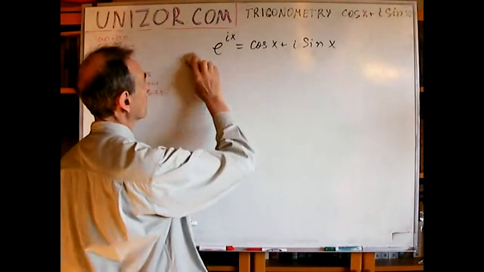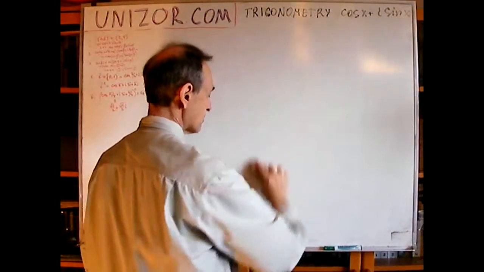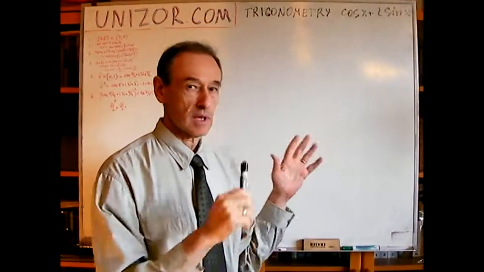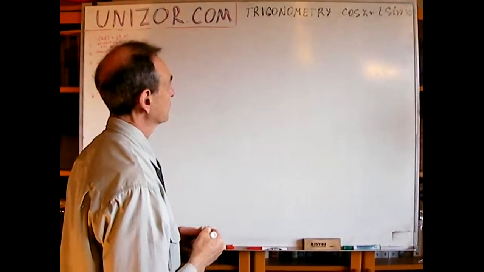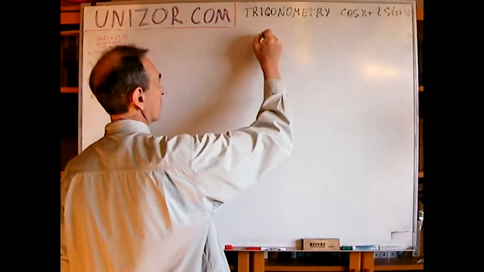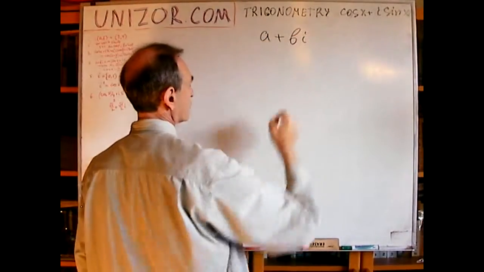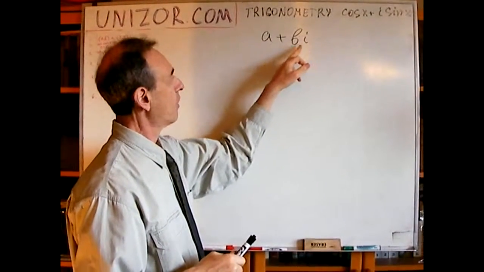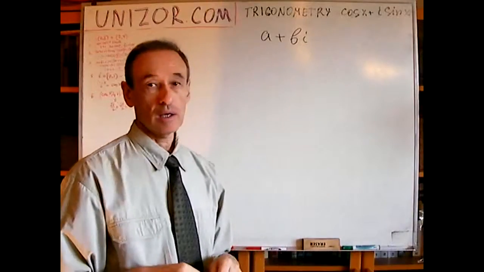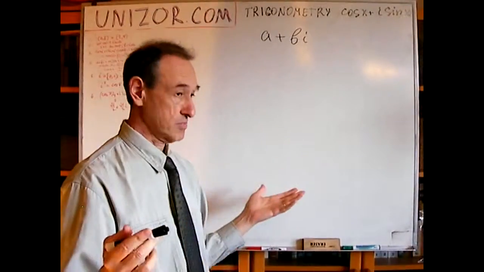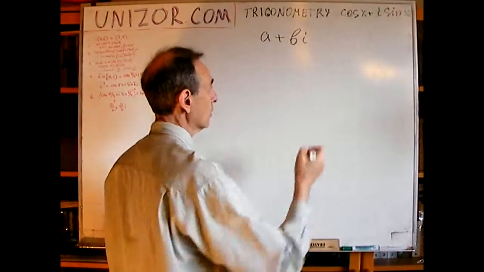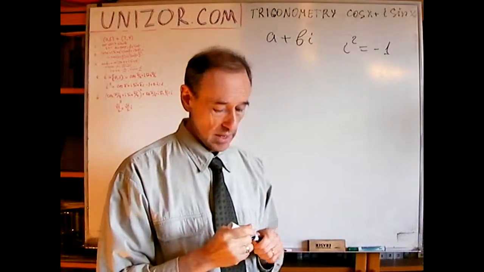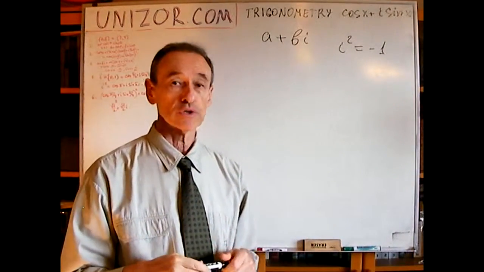Now, I'm not going to talk about this formula, but I will talk about something very close to it. So again, complex numbers and trigonometry. First of all, you know that the general way to express a complex number is a real part plus an imaginary part, which is a real number multiplied by the number i, which is an invention of mathematicians, and the only restriction on this invention is to be able to extract the square root of negative numbers.